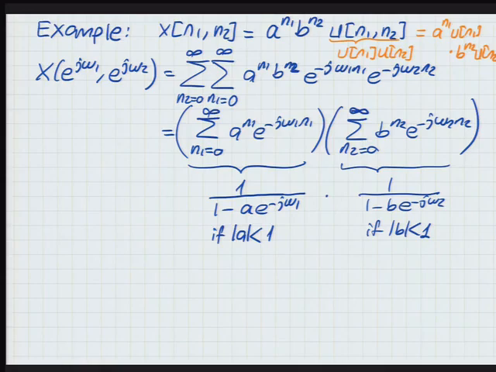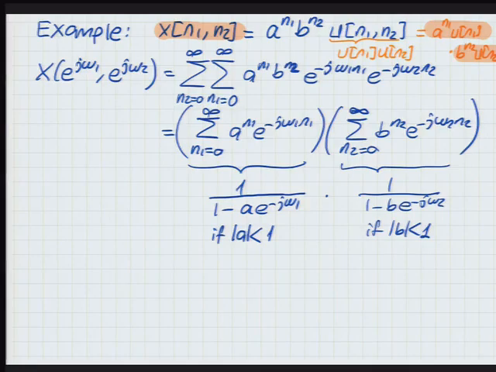And we benefited greatly from the fact that our signal x could actually be written as a function of n1 multiplying a function of n2. So we call this the separability property, meaning that although our function pretends to be a function of two variables, it actually is a product of two independent functions. I mean, it is a function of two variables, but it has a very specific form.